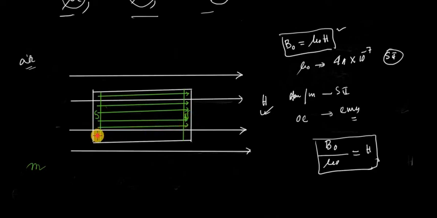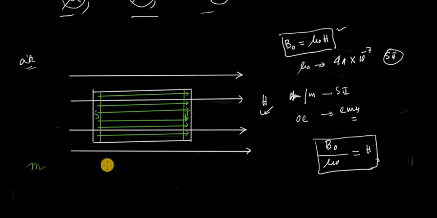These lines of force, shown in green color, are due to its own magnetization. The sample itself gets magnetized, so this side becomes S and this side becomes N. And as you know, for a magnet the magnetic lines of force originate from S and end at N inside the sample.